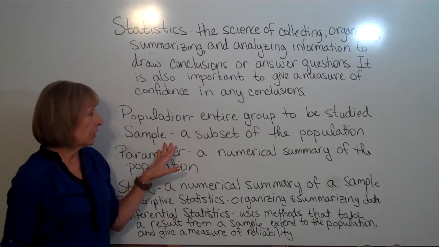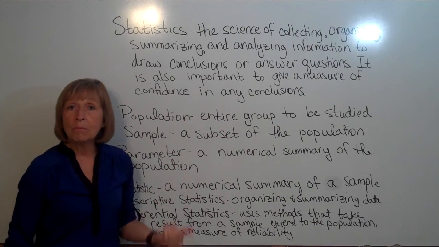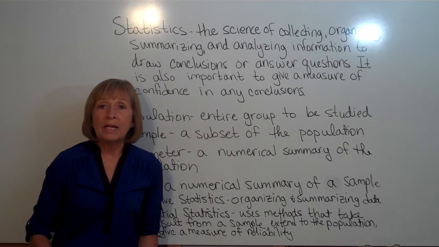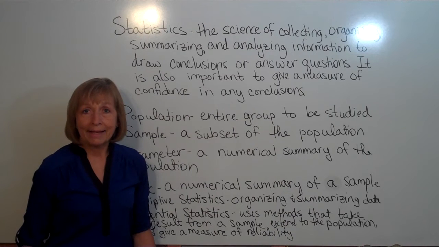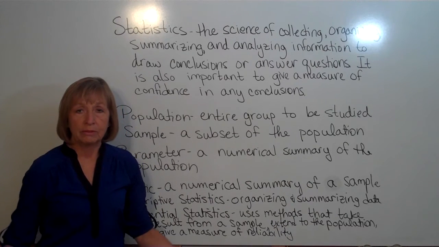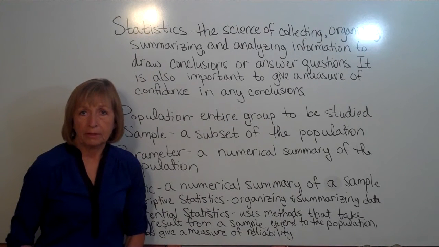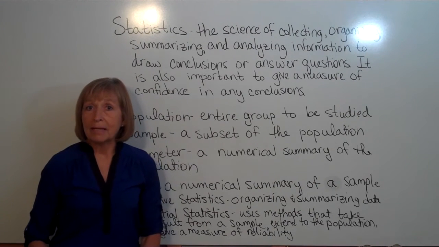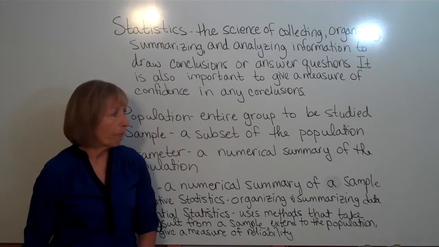Now, a sample is a subset of the population. And in most settings, we don't have access to the population. We wouldn't dredge the lake to look at all of the fish, because that would be pointless. We would ruin the ecological balance of the lake, and we would also kill all the fish. So we can't do that.